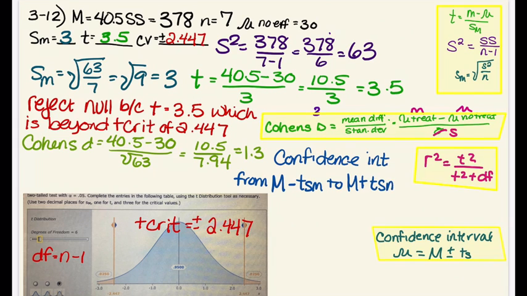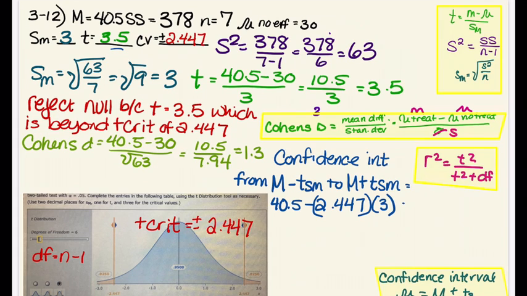So we will take the sample mean and add and then subtract our t-value multiplied by the estimated standard error. So 40.5 is our sample mean, 2.447 is our critical t-value, and 3 is our estimated standard error.